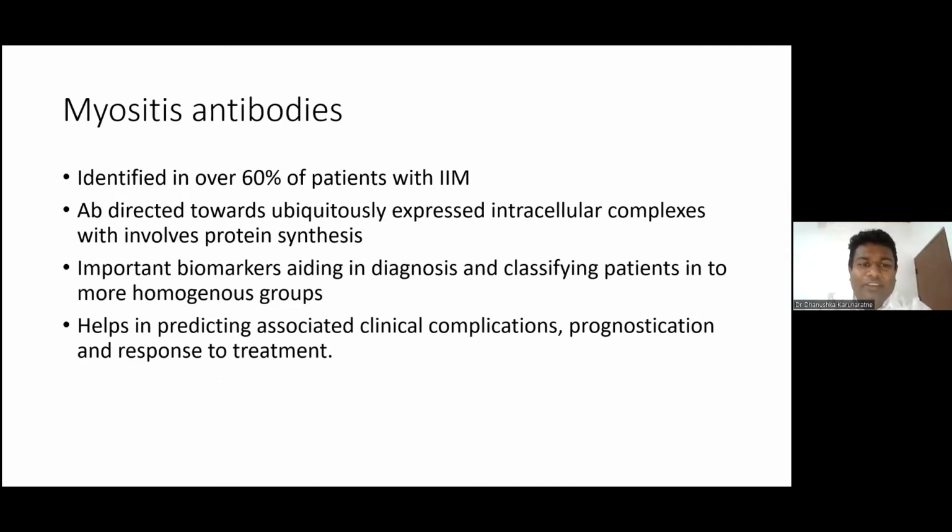And they are always important biomarkers that help us to make a diagnosis and classify our patients into more homogeneous groups, which we call syndromes. In addition, they help in predicting the associated clinical complications, for instance, interstitial lung disease, myocarditis, and so on, as well as the prognostication, and sometimes to predict the response to treatment. This can be helpful.